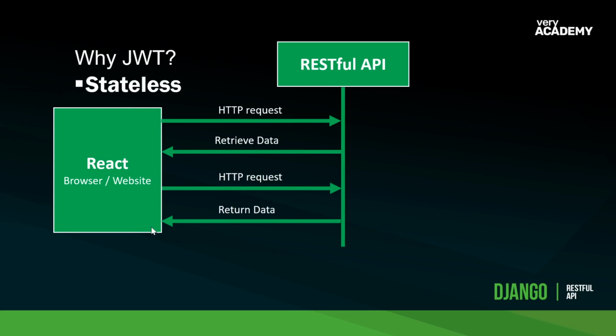Every time we then request data, we're going to send that token across with our request. The server will be recording the fact that that token exists and has been authenticated because we've logged in, and therefore we can send data back to React. So it just allows us to maintain a state, an open state, a logged in state.